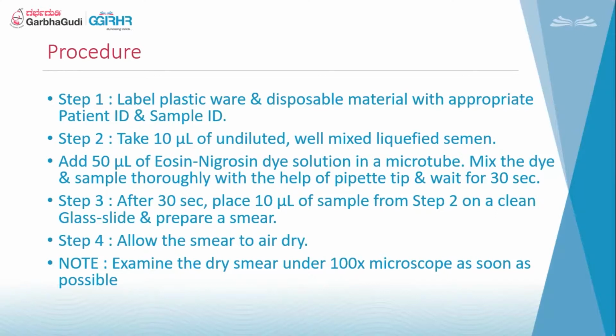Then we take 1 drop of it and put it on the slide, wait for 30 seconds, and then place 10 microliter of the sample and prepare a smear out of it. We let the smear dry first, and only then can we observe it under the 100x microscope.